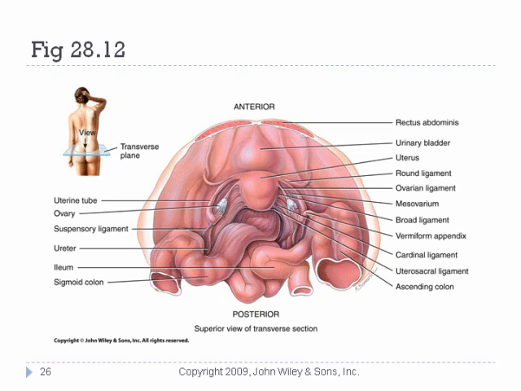And then another view, this is a superior view of the transverse plane, posterior is toward the back, anterior is toward the front. So we see the uterus. It's kind of flopped over the top of the urinary bladder. And so the ovaries are on either side.